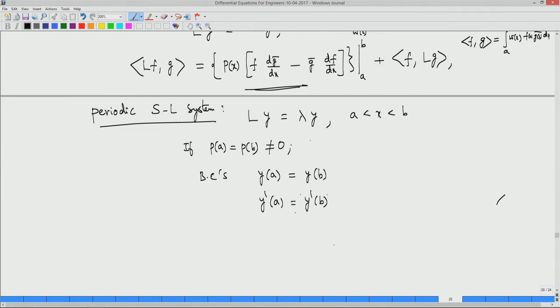These are the boundary conditions. If you give these boundary conditions, together with this, you can make this term vanish. So now you can see P(b), f g bar dash minus g bar f dash, all are at b.